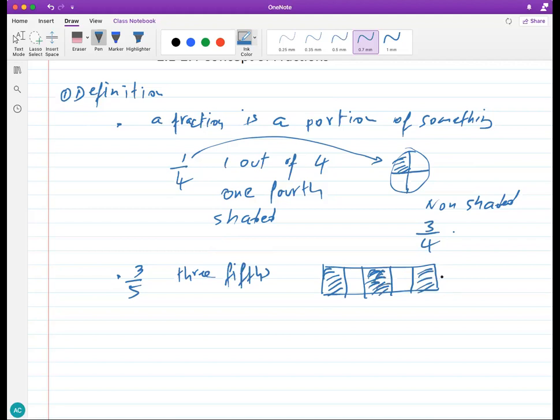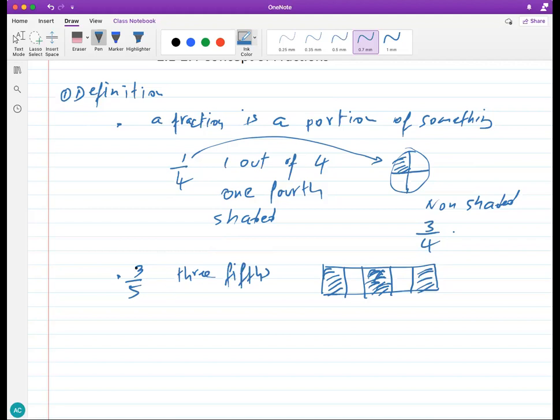Unless you cut bread or something, of course, you don't want to jump to the middle. You want to go piece by piece, but that's the idea. So 3 out of 5, 3/5 is shaded, and the other part that's not shaded is what's left, 2 pieces. 2/5. That's right, 2/5.